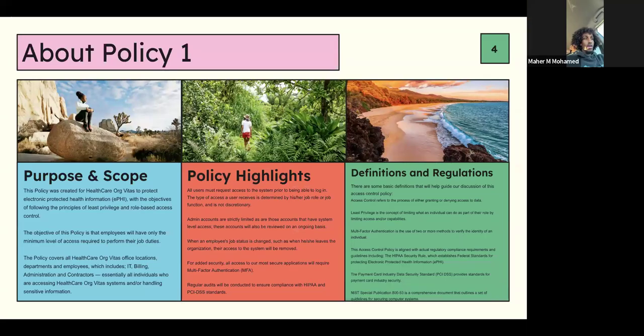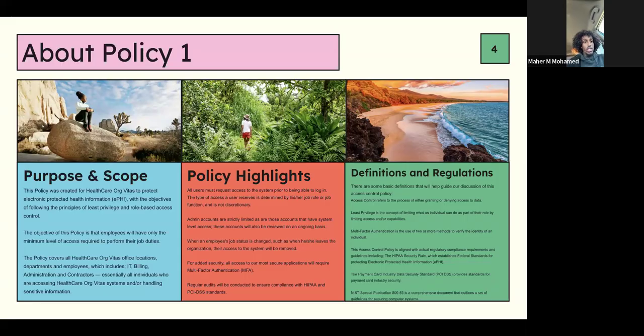Hello everyone. My name is Mahir, and policy one is about access control policy. The purpose and scope of policy one is that the policy was created for healthcare org Vitas to protect protected health information with the objectives of following the principles of least privilege and role-based access control.